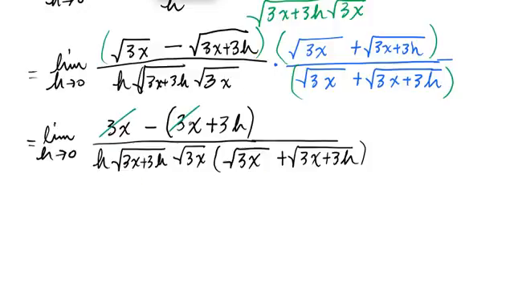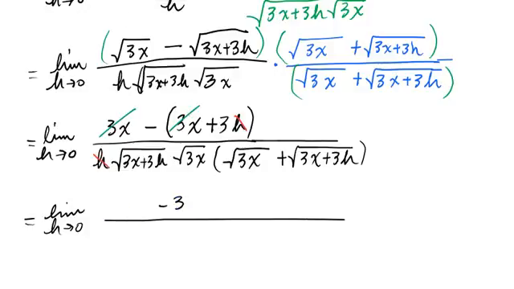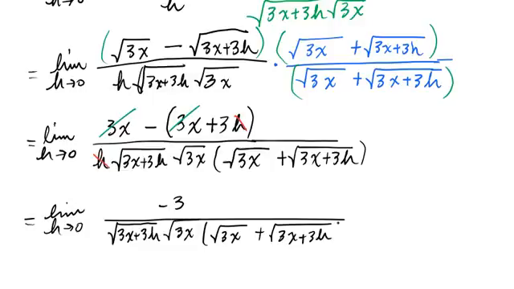And since the denominator is factored, that h will cancel with that h. So we are left with, in the numerator, a negative 3 over everything here in this denominator. And that is over the square root of 3x plus 3h times the square root of 3x, then times parentheses root 3x plus root 3x plus 3h.